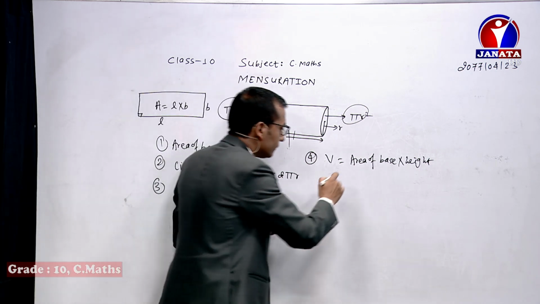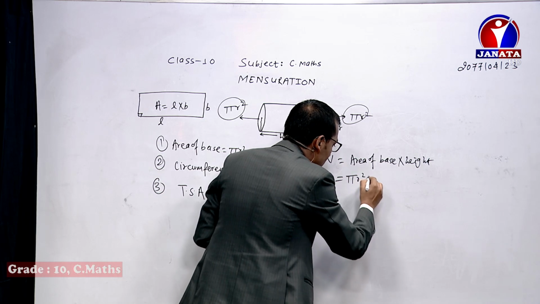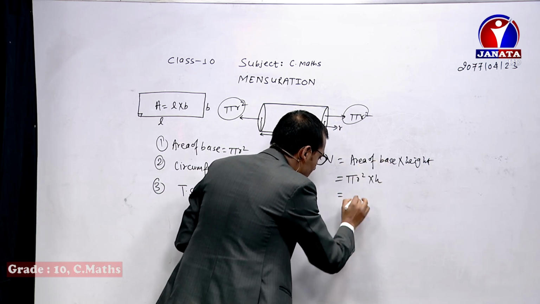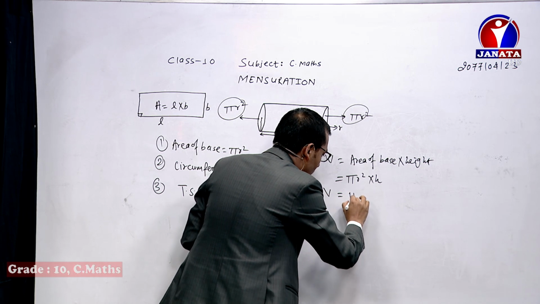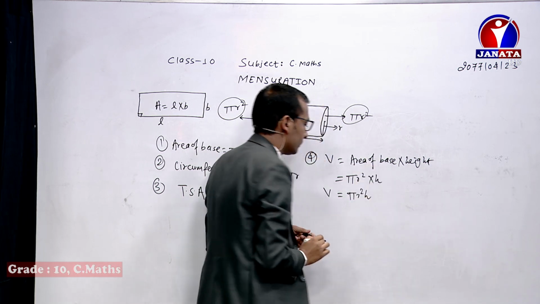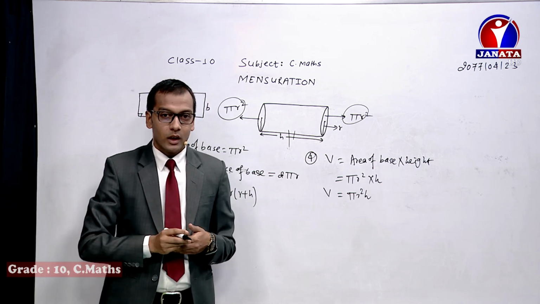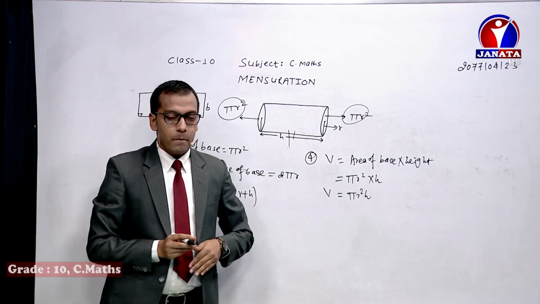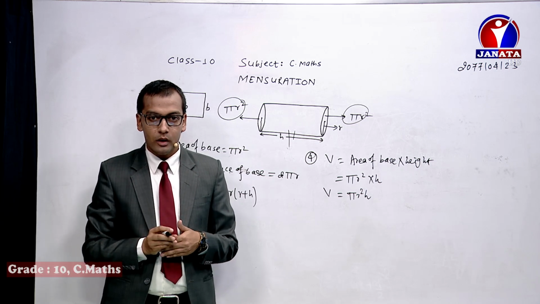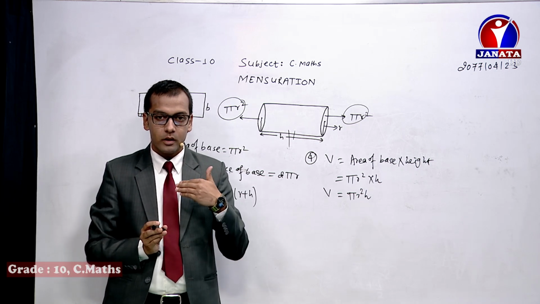Pi r square. So pi r square times height. Therefore, volume is pi r square times height, in cubic units. So this is the main concept in the case of a cylinder.